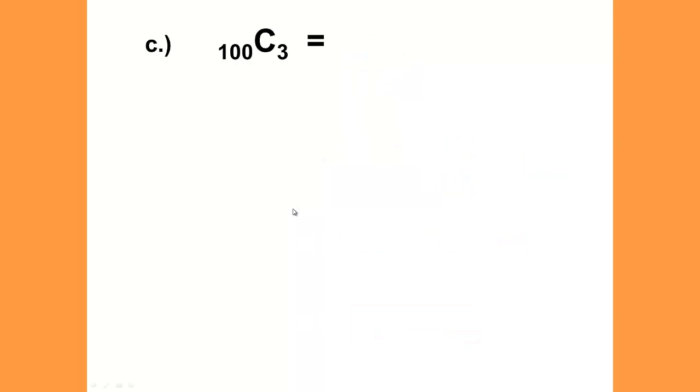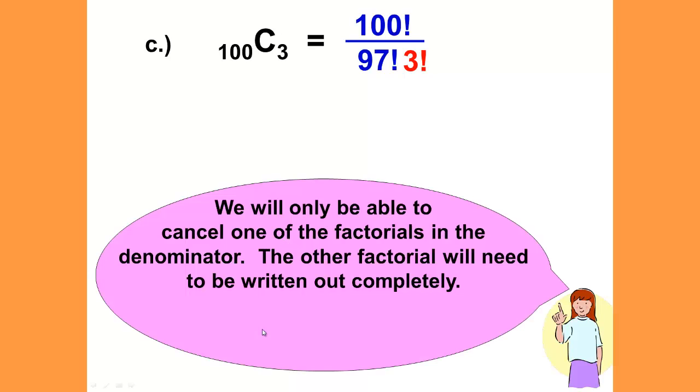Let's do 100 combination 3. Remember, for the combination, we still put the 100 factorial on top. 100 minus 3 gives us 97 factorial, then the 3 factorial. On the top, we're going to count down till it matches one of the factorials. Think about it. We don't want to match the 3, because that's a long way to go. We want to match the larger one. We will only be able to cancel one of the factorials in the denominator.